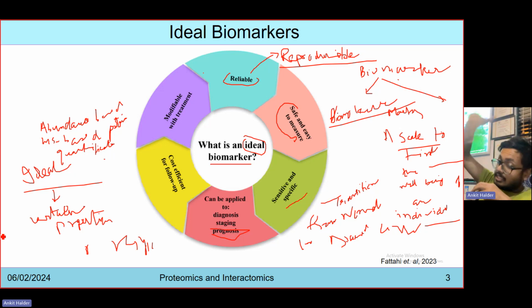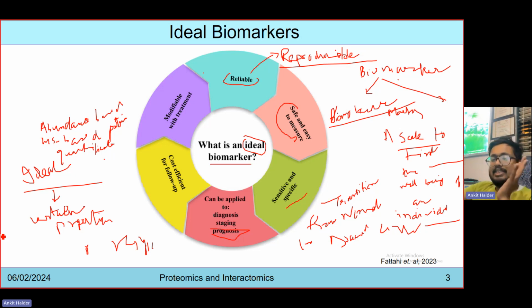And in the same disease, if there is another marker Y which not only changes with the disease condition, but is also constantly changing as the patient is progressing, whether in a positive sense or a negative sense, that is, whether the patient is progressing towards severity or towards betterment.